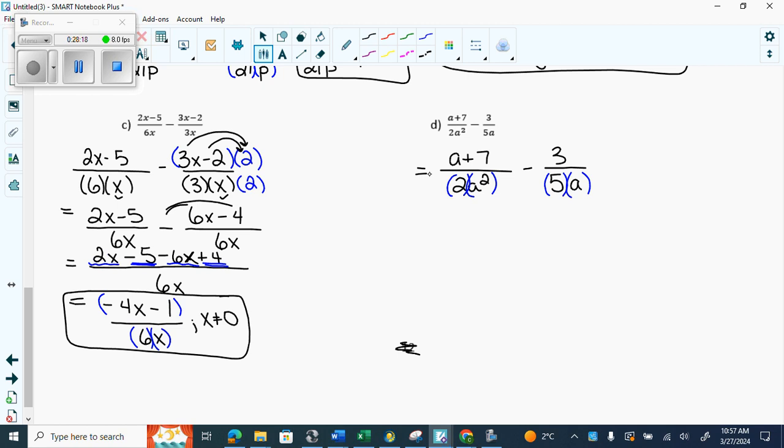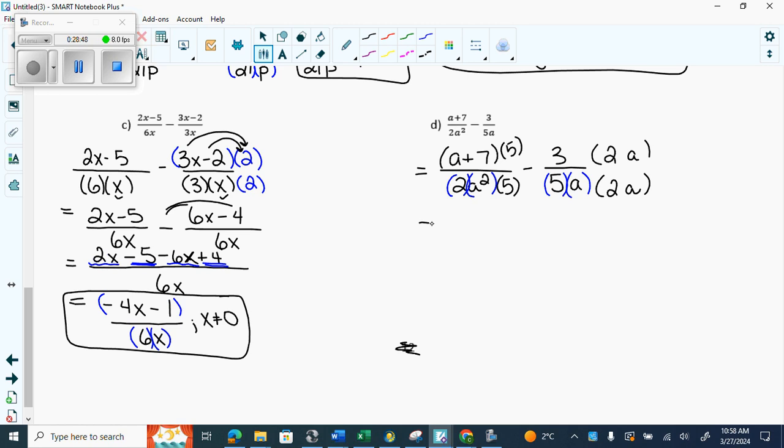So the right one's missing an a. We agree? So we're going to have to multiply by an a of some sort. The left has a 2. The right has a 5. What common number can I make them both be? 10. So I'm going to multiply this one by 5 and this one by 2a. Correct? It needs an a and it needs a 2.